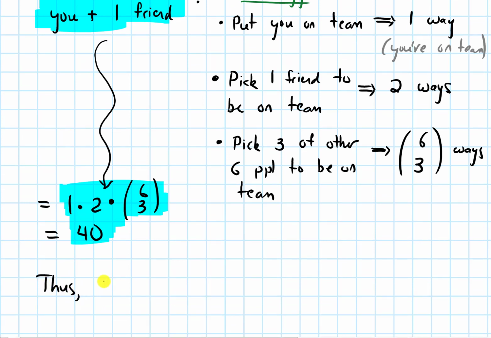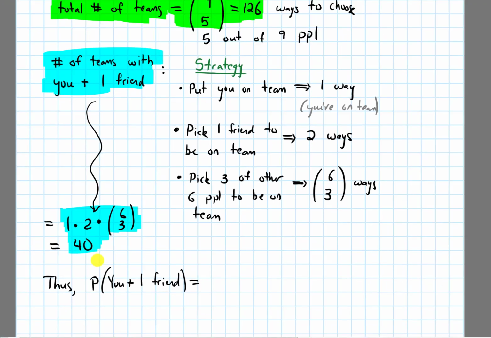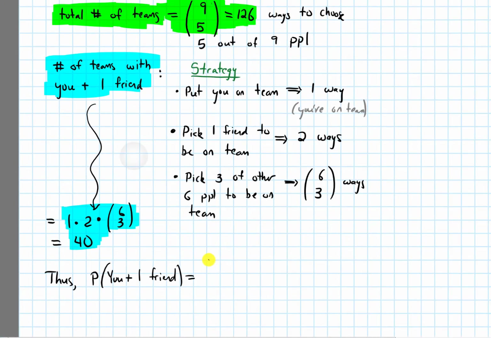Thus, the probability that you plus one friend end up being on the team: the numerator was 40 and the denominator is 126. We can simplify this by dividing the top and the bottom by 2, and we get 20 over 63. And that's as far as we can simplify it.